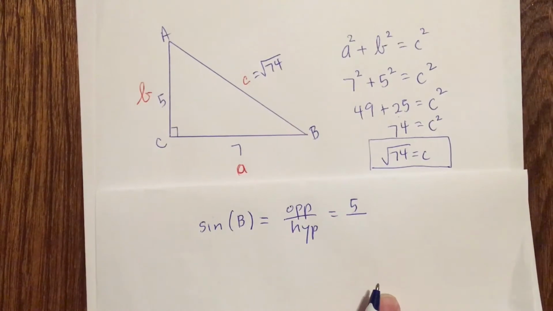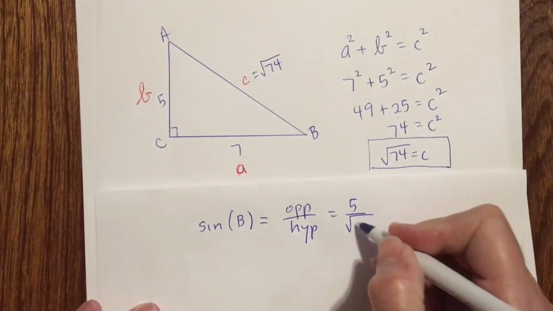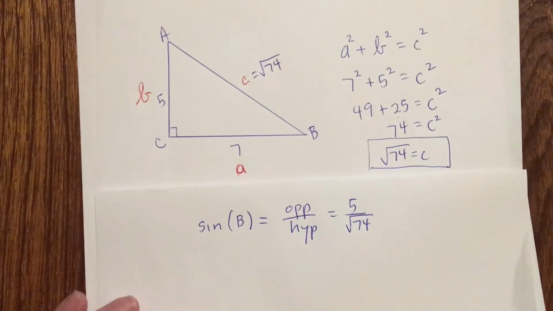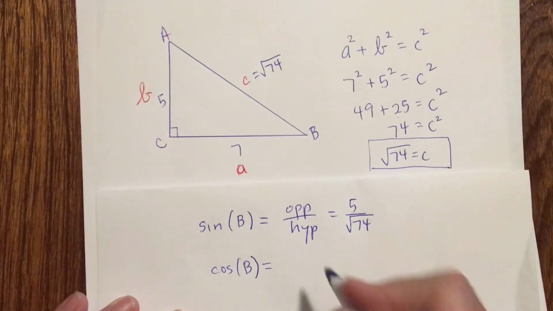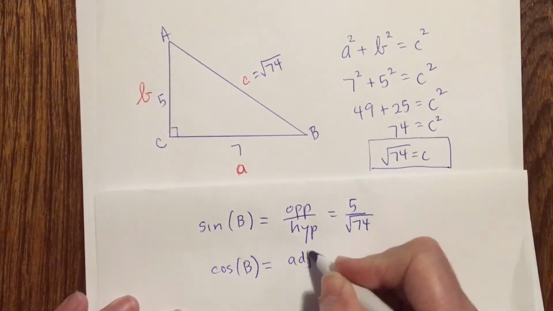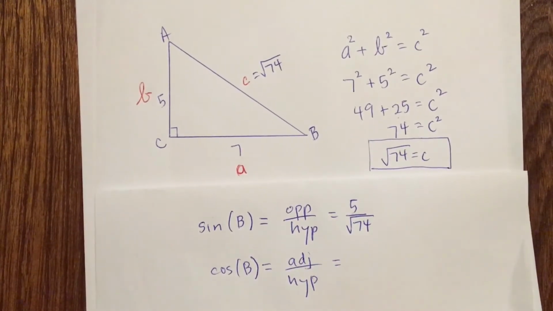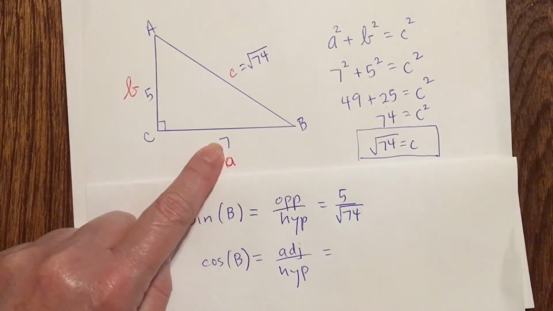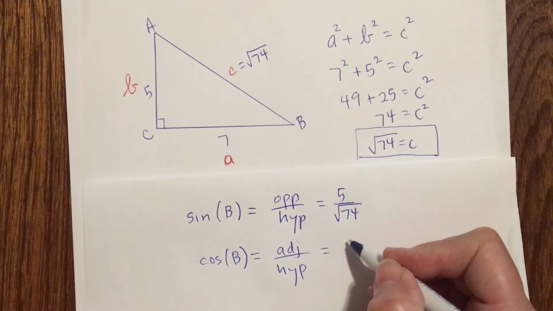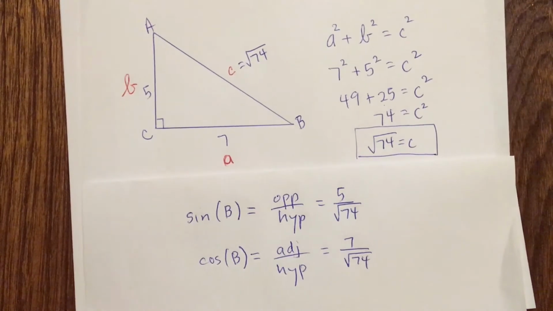And the hypotenuse is always the one that's across from the right angle. So hypotenuse in this case is always the square root of 74. The cosine of B is always going to be adjacent over hypotenuse. But because I've switched angles, the adjacent side is different. The one next to B is the leg that's 7. So cosine of B is 7 over the square root of 74.